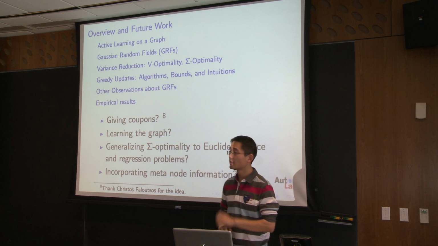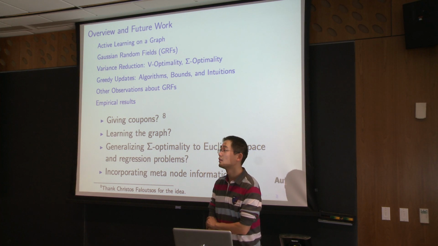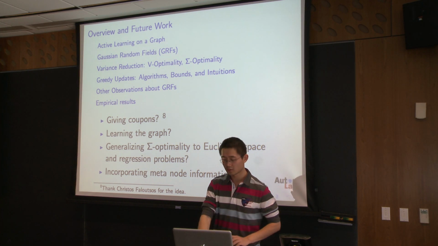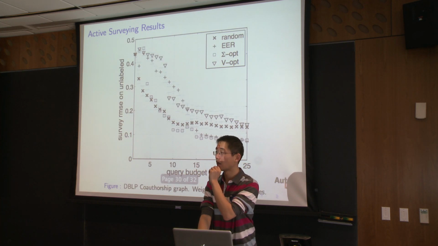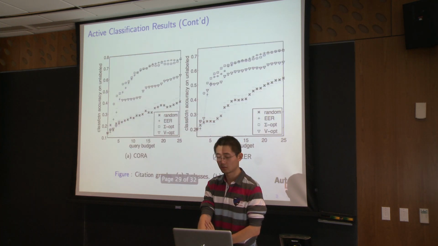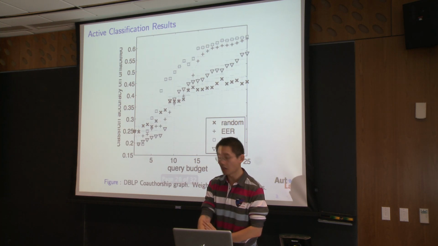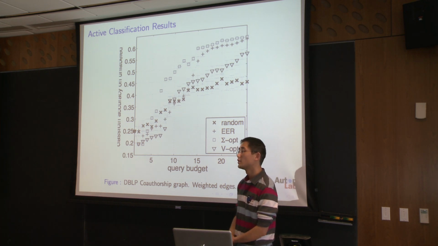Question there. Two short questions. Did I see in the charts that for really low budgets, random outperformed some of the others? Sorry, which graph? I think in some of these graphs, the random for small budgets, random never did better, right? Oh, yeah. Oh, no, here it did. Is there some intuition why random might do better for small budgets?